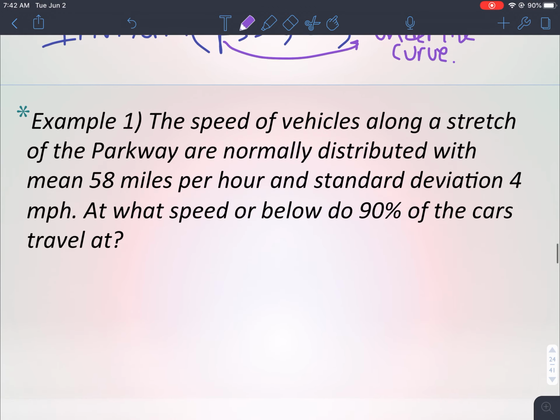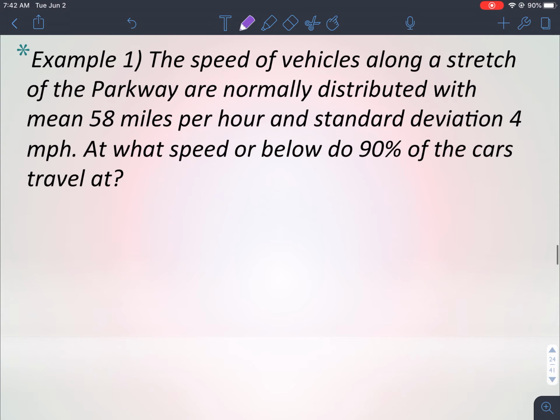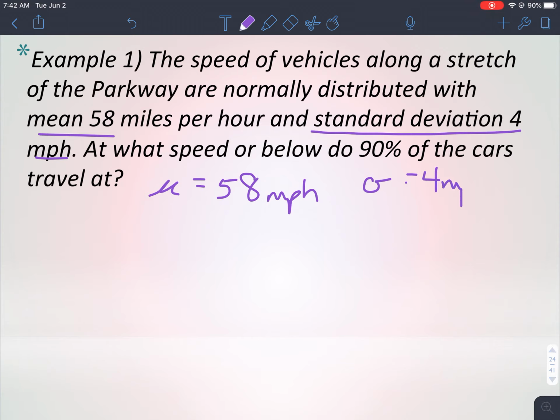So let's motivate with an example. The speed of vehicles along a stretch of the parkway are normally distributed with a mean of 58 miles per hour and a standard deviation of 4 miles per hour. At what speed or below do 90% of the cars travel at?